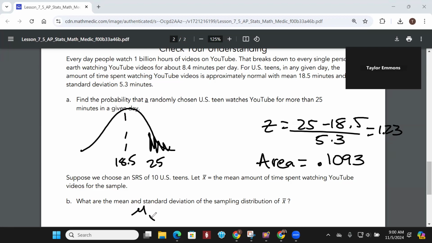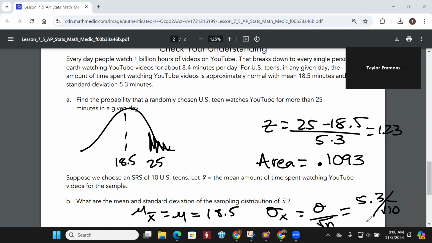The mean is mu sub x bar, which is mu, which is 18.5. The standard deviation is going to be sigma divided by the square root of n, which is 5.3 divided by the square root of 10, which is 1.676. Remember, you've got to check your 10%. So 10 is less than 10% of the millions of genes.